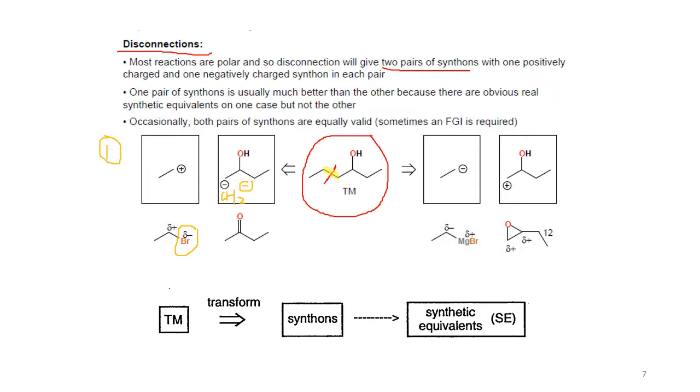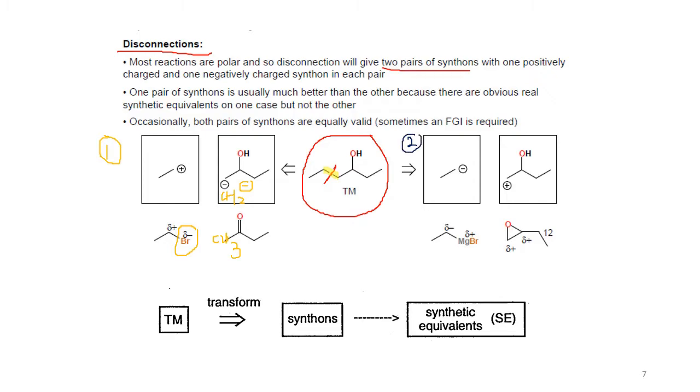When it is CH2 minus, you need something positive to neutralize the molecule, so it becomes CH3.